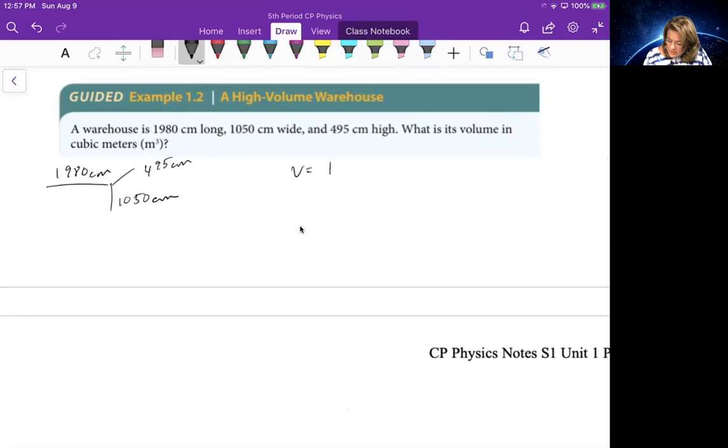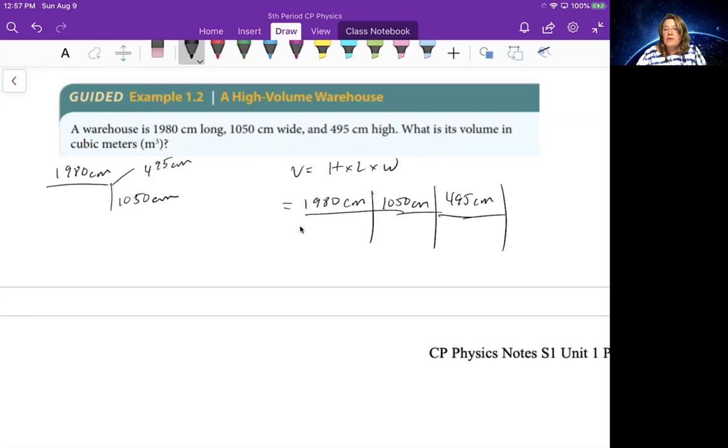Volume is height times length times width. So I will take 1980 centimeters times 1050 centimeters times 495 centimeters. And what's a volume? Volume is cubic centimeters, cubic meters. So I'm going to have cubic centimeters as my answer.